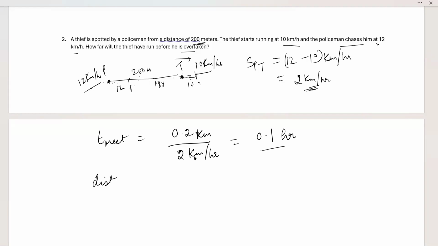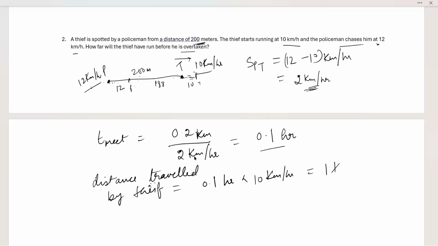Distance traveled by thief is equal to 0.1 hour into the speed at which the thief is running, that is 10 kilometer per hour. This gives you 1 kilometer. The thief would have run 1 kilometer before he is overtaken.